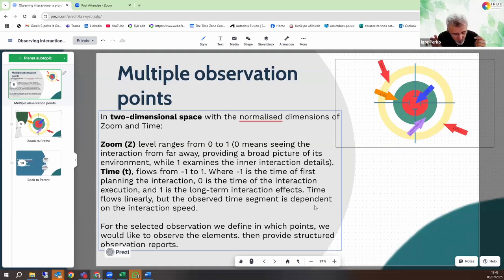Then in the definition phase of your observation, you can decide, this particular point in time is very important for me, and you just put the pin of your observation in that plane and define it. I think that's important for each observation, to define at which point in time your observation is put. So this is not predefined; it is predefined only for this particular interaction on which I posted the observation.